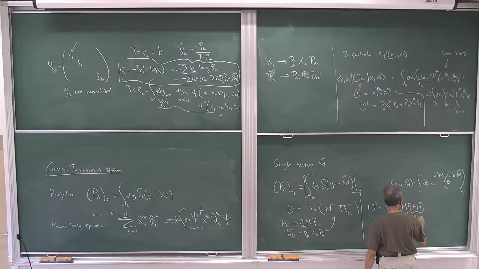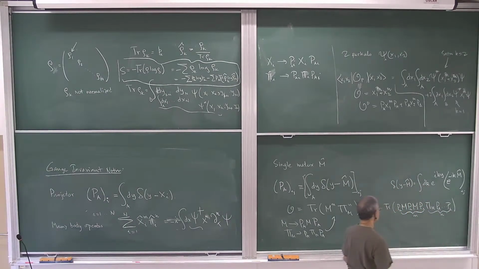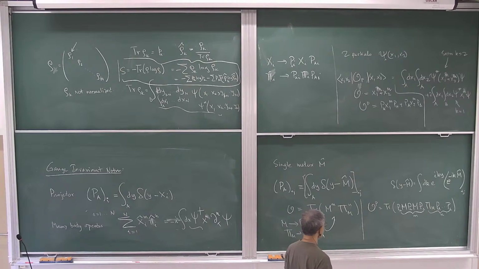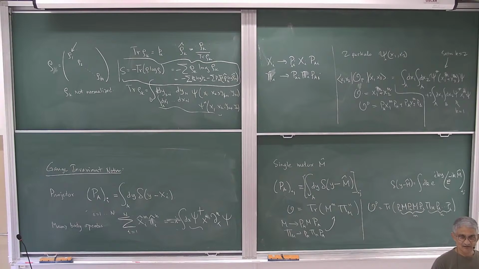M factors, and then N factors. And now we have to take into account the fact that you cannot just pull all the P's out, because these are all matrices by themselves. They're matrix valued operators in all of them.